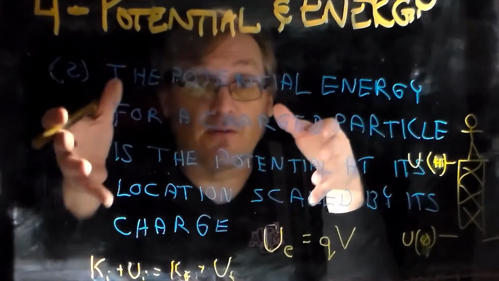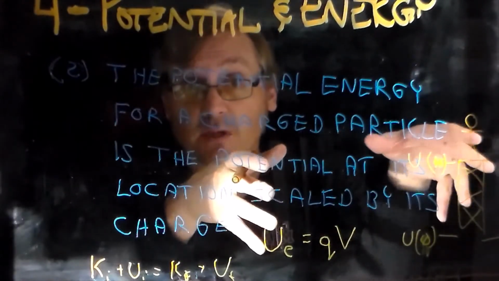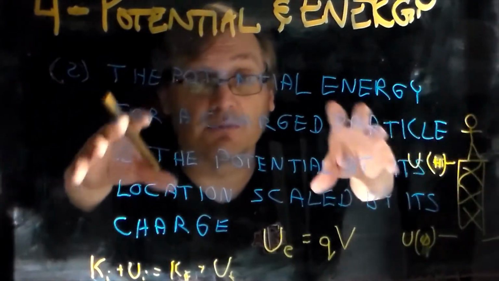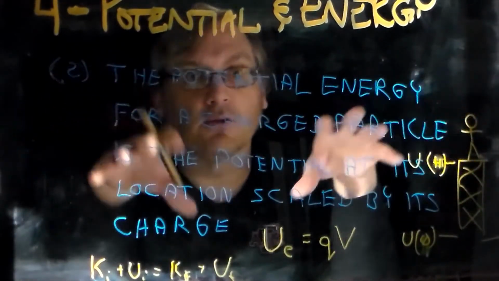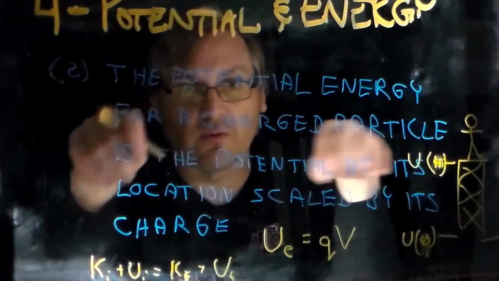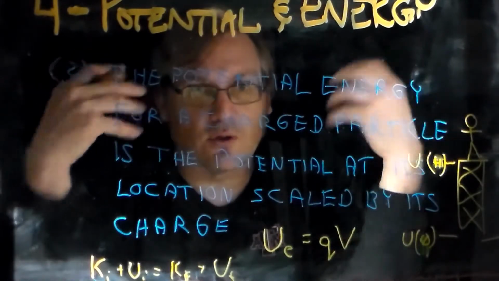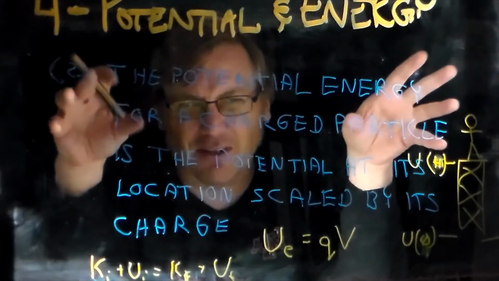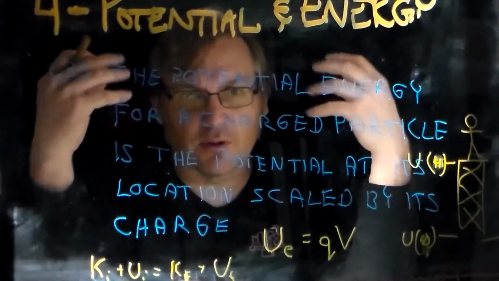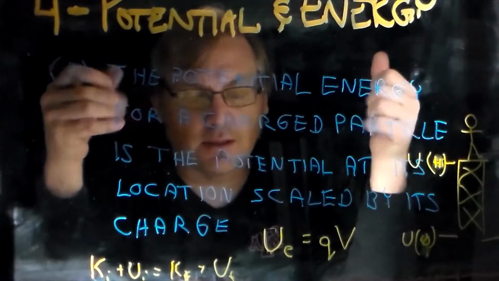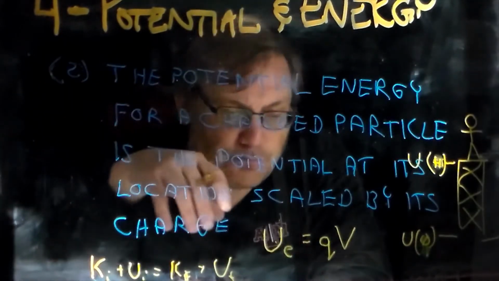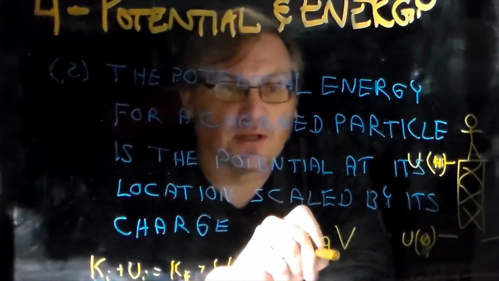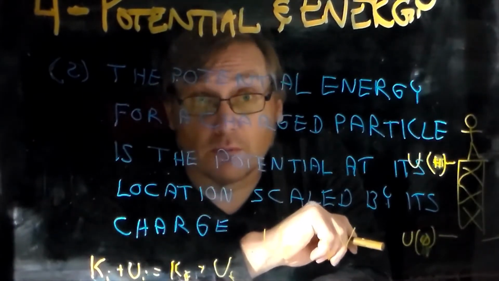So the next unit, the next module, is going to be all about circuits, and we're going to use all of this stuff we've been talking about with fields and potentials in the circuit to try to describe what's going to happen to electrons moving around in a wire, which you can think of as sort of a tube that contains electrons. It's a little bit different, but you can think of it that way and it'll help. You can think of the wires as pipes. In that case, we're going to ground the circuit somewhere, and that ground is going to tell us where V is equal to 0. All right.